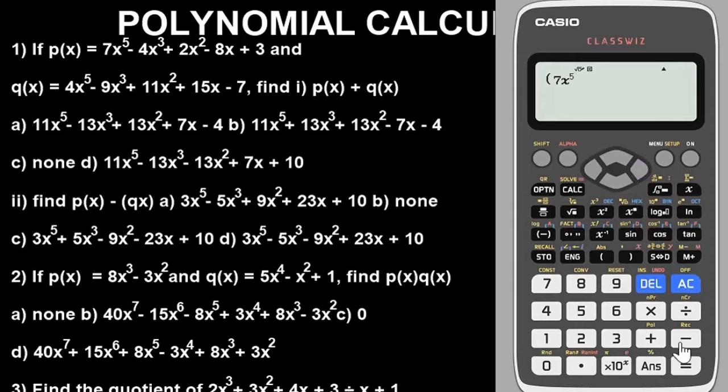Quickly. Minus, we have 4x alpha x raised to power 3.